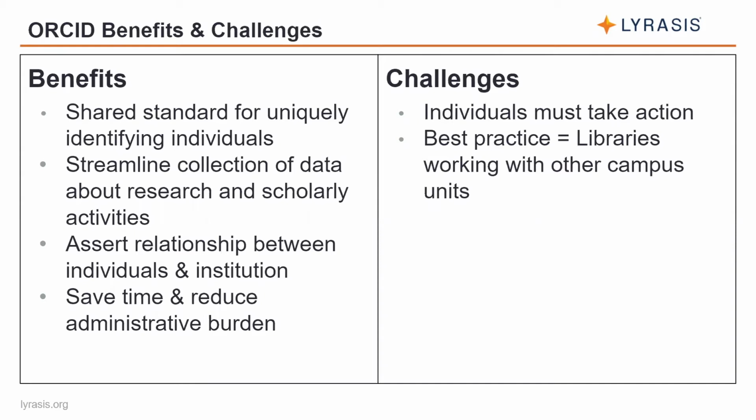And all of this is designed to save time and reduce administrative burden by allowing information to be entered into ORCID once and then reused often. Now, some potential challenges for using ORCID really have to do with the fact that individuals are central to ORCID.